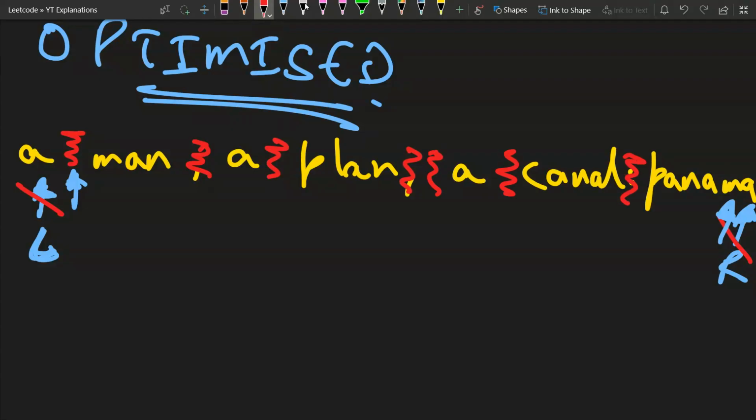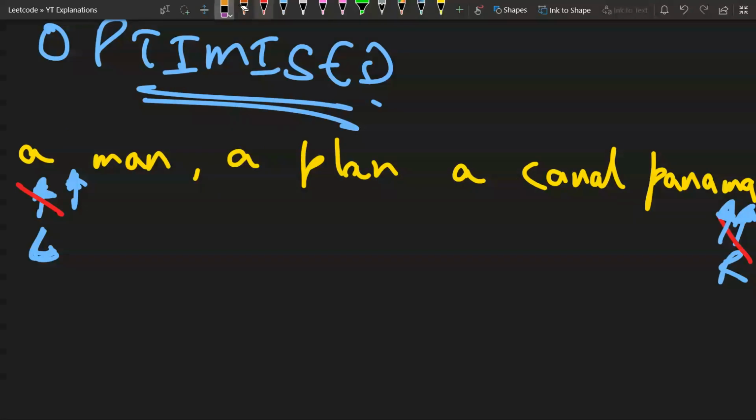What we basically do is, when we are at a certain index, we check if it's either an alphabet or a number, using the isalnum function. If it's not an alphabet or number, if it's a space or colon or, let's say, a comma, in that case we don't consider that and just move forward, skipping the special characters.